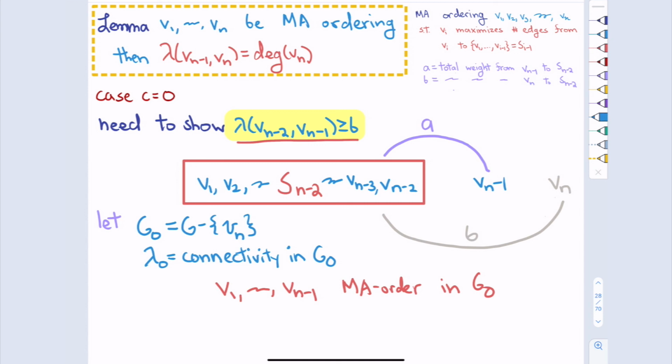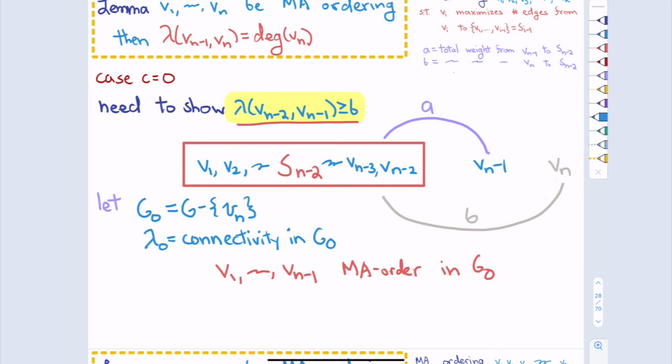Alright, so if I look at lambda of Vn minus 1, Vn minus 2, this is the maximum number of paths from Vn minus 1 to Vn minus 2. It's the size of the maximum flow from Vn minus 1 to Vn minus 2.